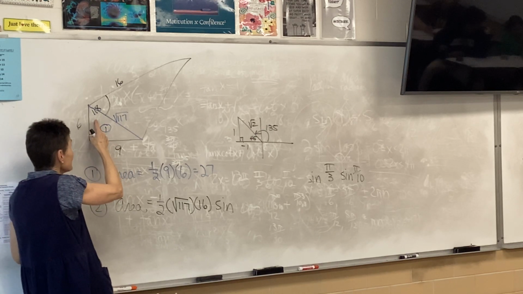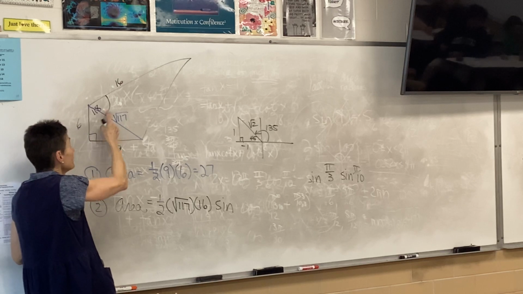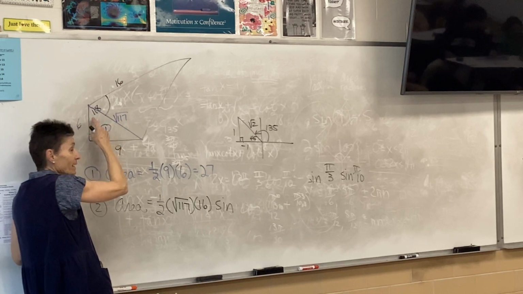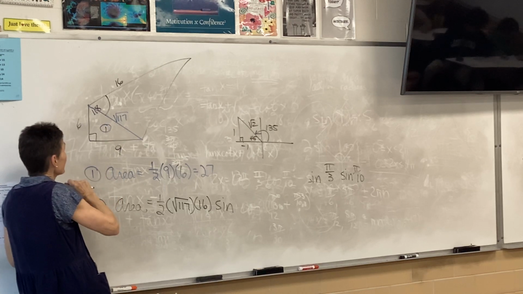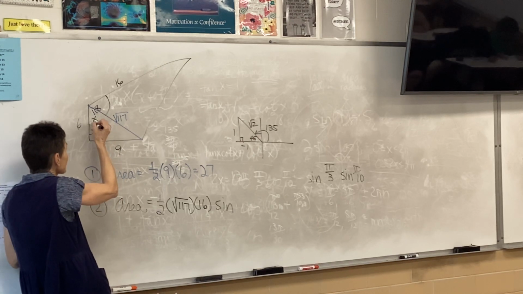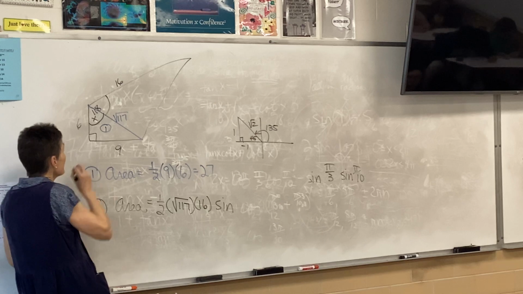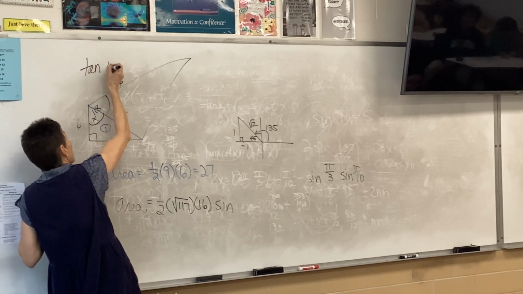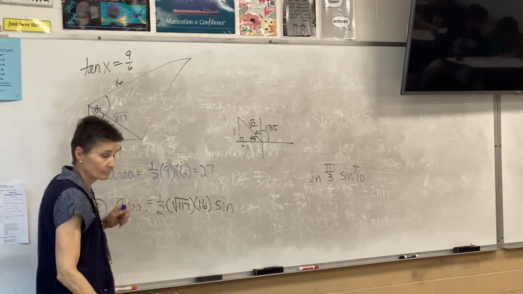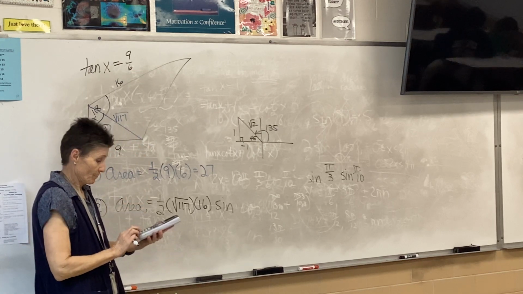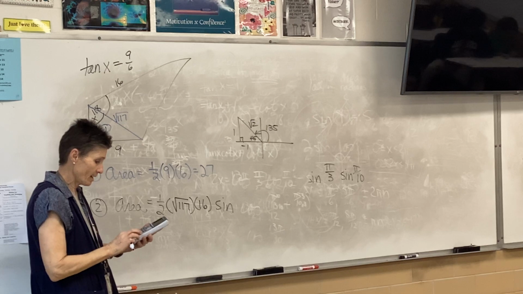And then once I find this angle, doing what Catherine said, then I can find this one, but I gotta find this one first. So since that's a right triangle, I'll call this angle X. She says the tangent of X is 9/6. Is she right? It's a right triangle.